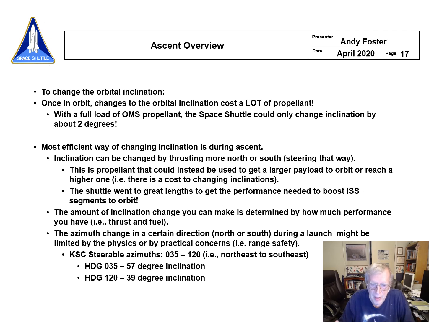The other thing that drives the inclination that you may launch to is something a little more practical than that. It is the physics, but it can also be range safety.